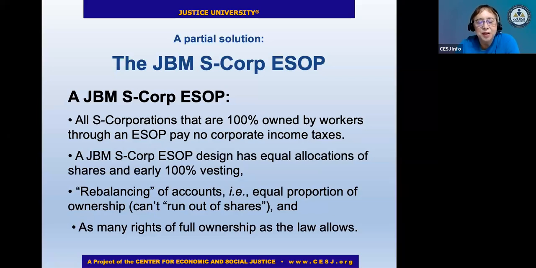Since an ESOP is tax exempt, and is the only owner of the company, the ESOP trust enables that S corporation to not have to pay corporate taxes. The only time taxes are paid is where shares are distributed or taken out, or if there are any dividends, and those taxes are paid by the recipients. So in terms of corporate finance, it's a very cost-effective means.